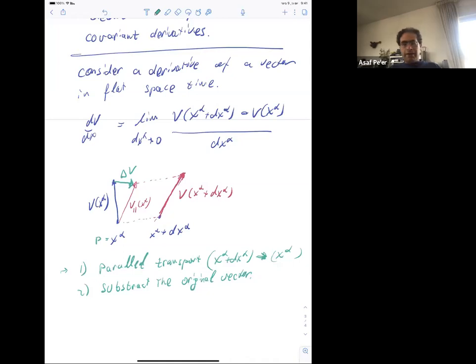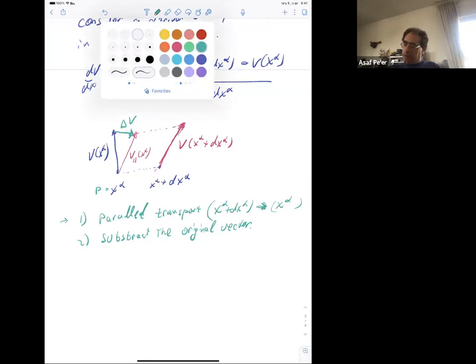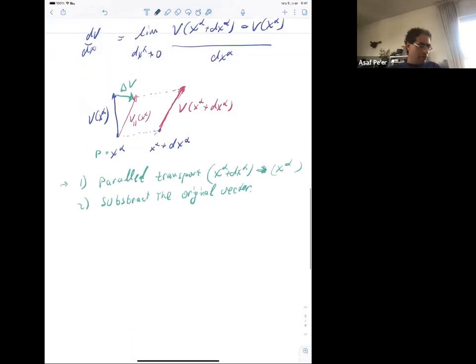And this results from the change of the angle the vector makes with the basis coordinates, because the basis coordinates change. The easiest way to think of it is just to look at flat space, but write it in polar coordinates, or even not write it, just draw it in polar coordinates. So let's make some drawing.